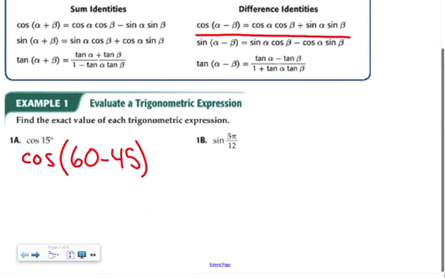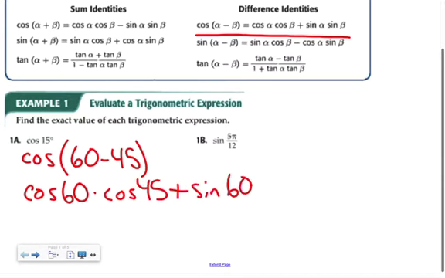And when I do, I've got the cosine of 60 times the cosine of 45 plus the sine of 60 times the sine of 45. And these values you can find on your reference sheet.